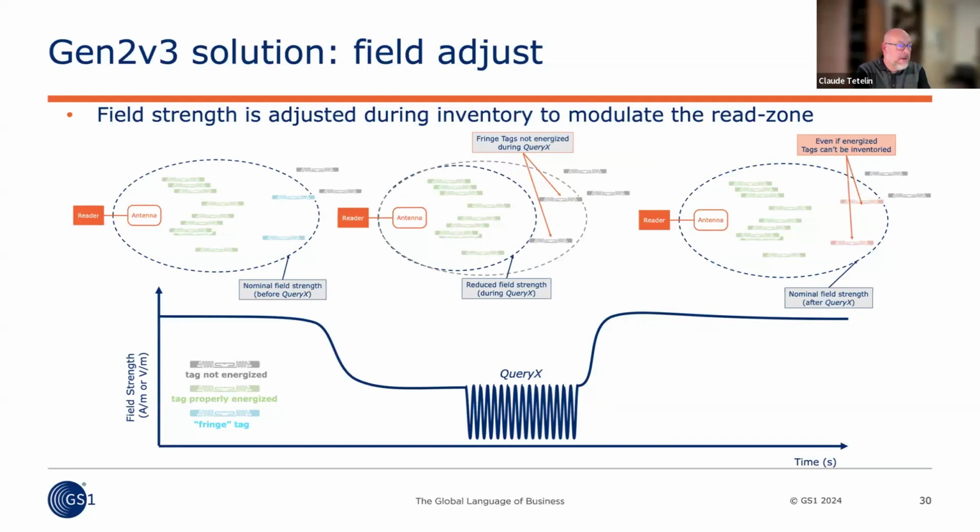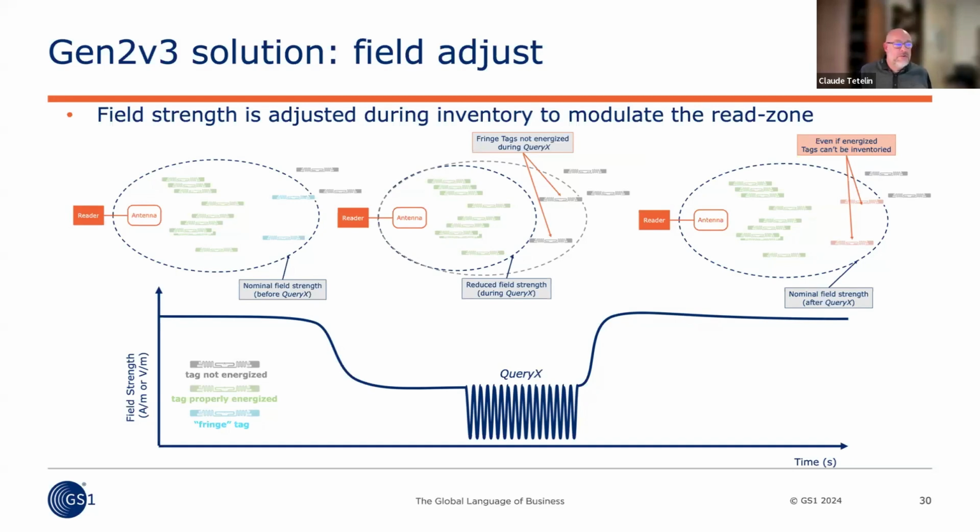Okay, no, that's good. But I think more or less, it's also about modulating the field strength. For Gen2X, it is at the beginning when you boost and you provide the power, you wake up all the tags. With the fringe tags, we are modulating the field during the inventory, just to make sure that the tags that receive the query X will be able, after this query X, to have enough power to backscatter RN16 and EPC properly.